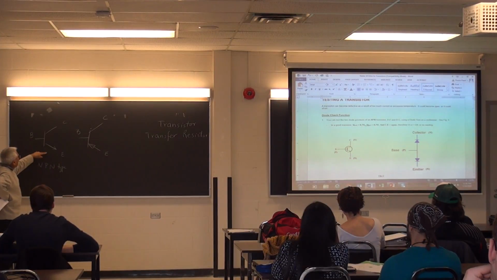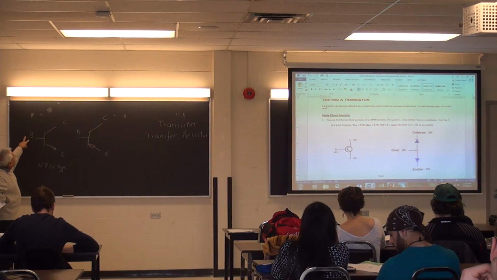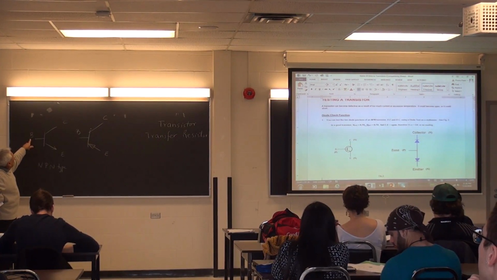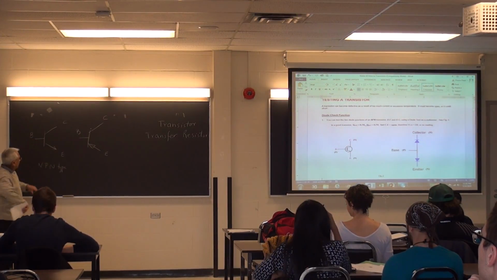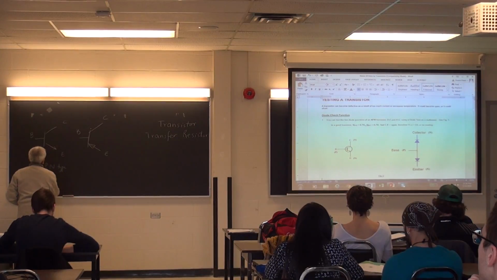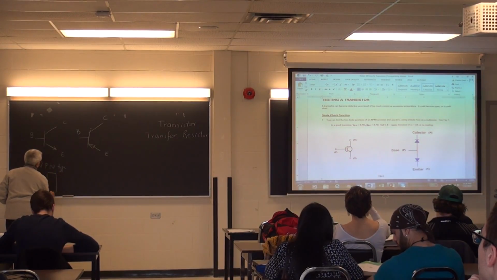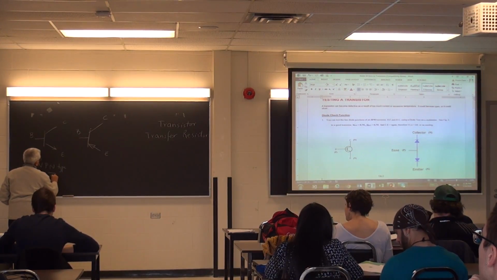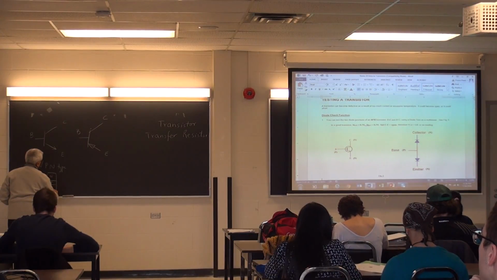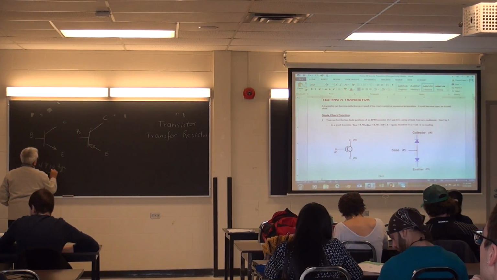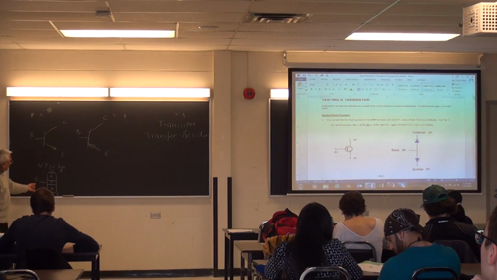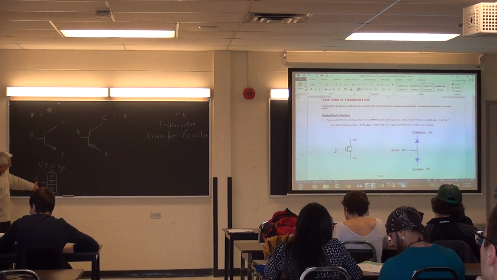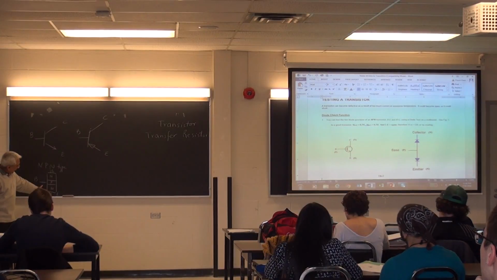So in this case, what you will do is you will take a multimeter and you will connect the red lead on the base. So this is NPN, base, collector, emitter. You will take a multimeter and connect the red lead on the base and the black lead on the emitter.